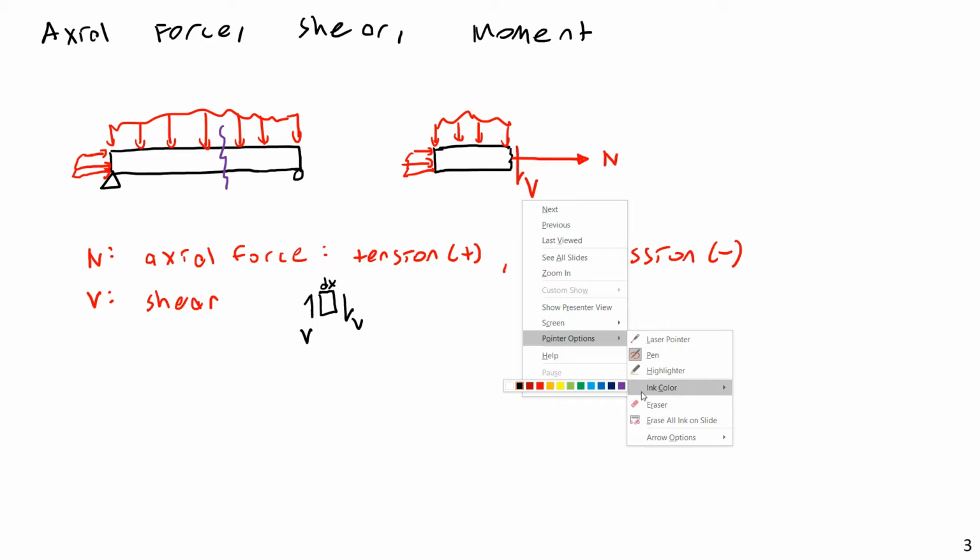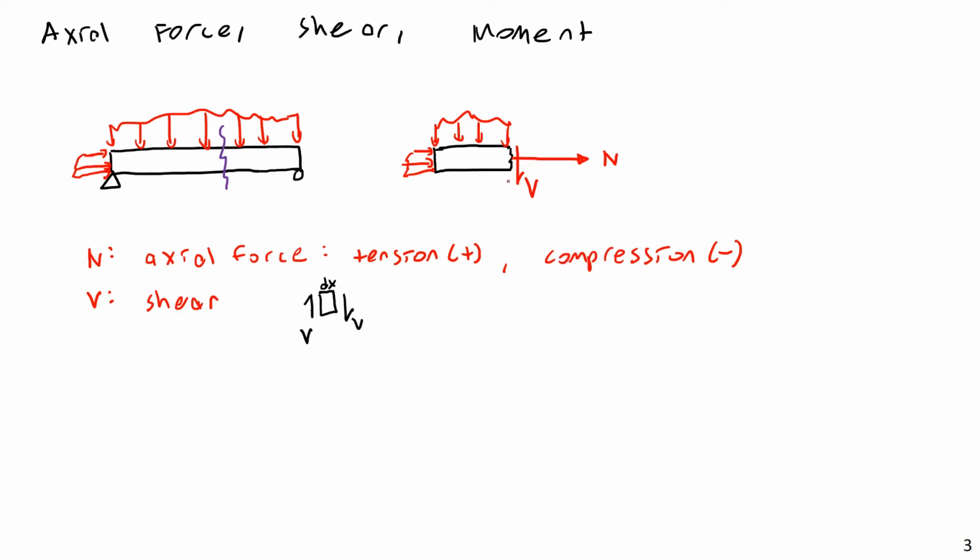So we have that. And then finally, we have moment, internal moment, M. Moment, or sometimes called bending moment. What separates bending moment from torsion is that moment is bending about an axis perpendicular to the axis of the member.